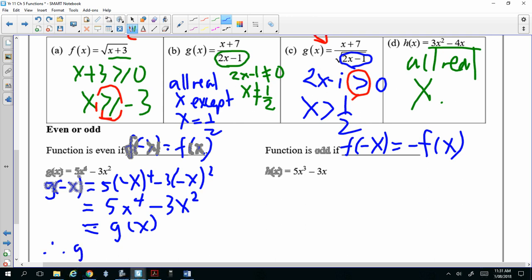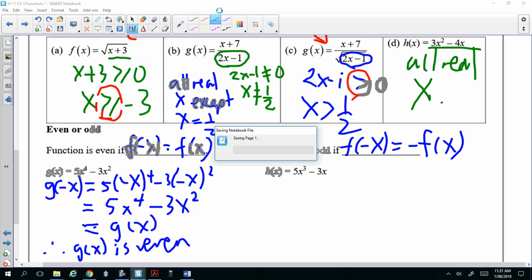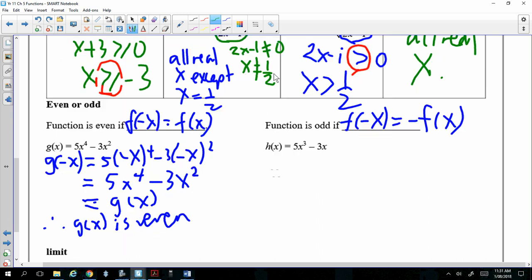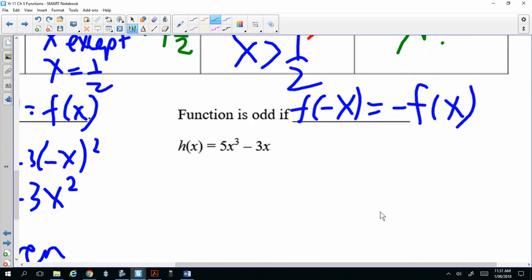Okay, using the same technique, similar technique. Right, have a try. Alright, let's do the odd one. Odd. h(-x) equal to 5(-x) to the power 3. But when it's negative, inside an odd power, you get negative plus 3 power 3x.